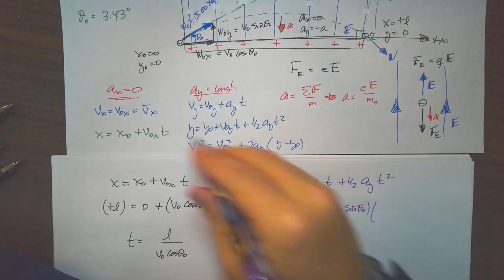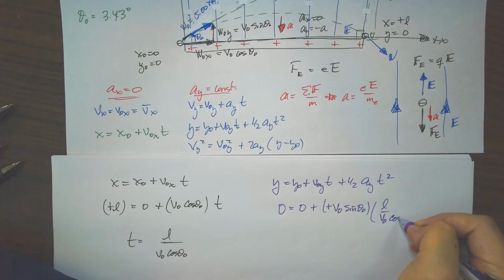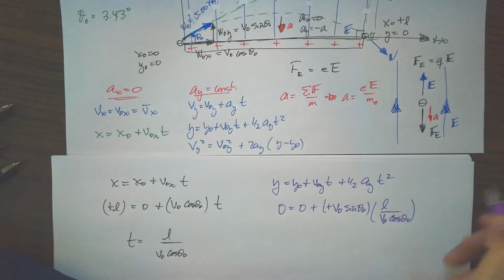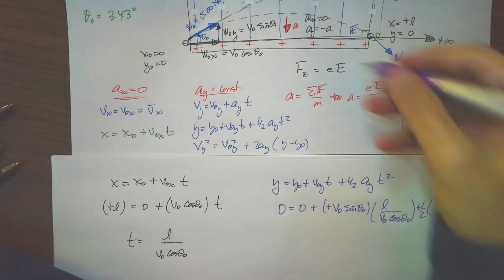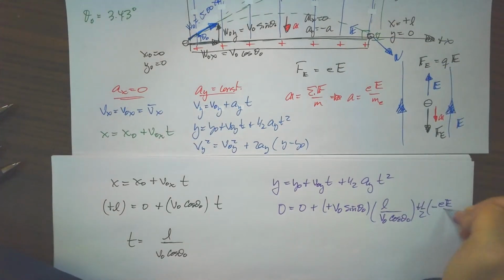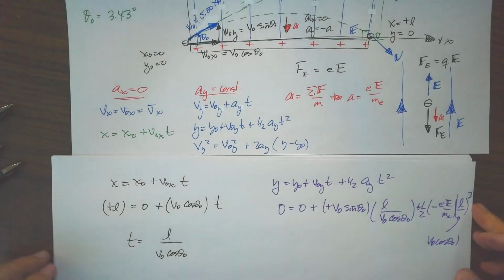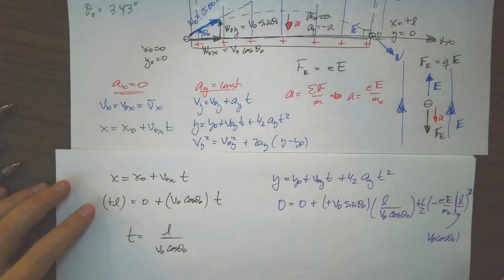The time that it took to transit would be this L over V_0 cosine of theta naught. My y acceleration is in the negative direction, so it's minus, and has a value of e times the electric field over the mass of the electron. And then my time is L over V_0 cosine theta naught, squared, as I run out of room on the page.